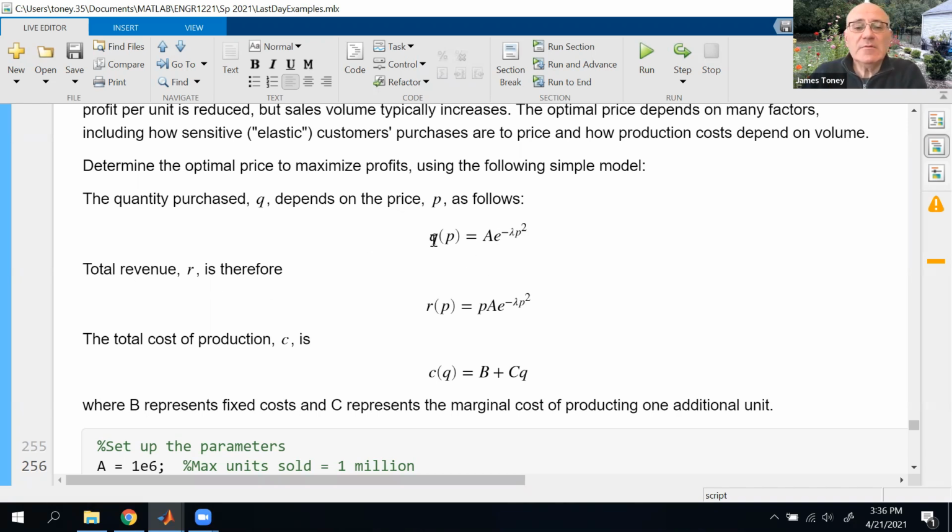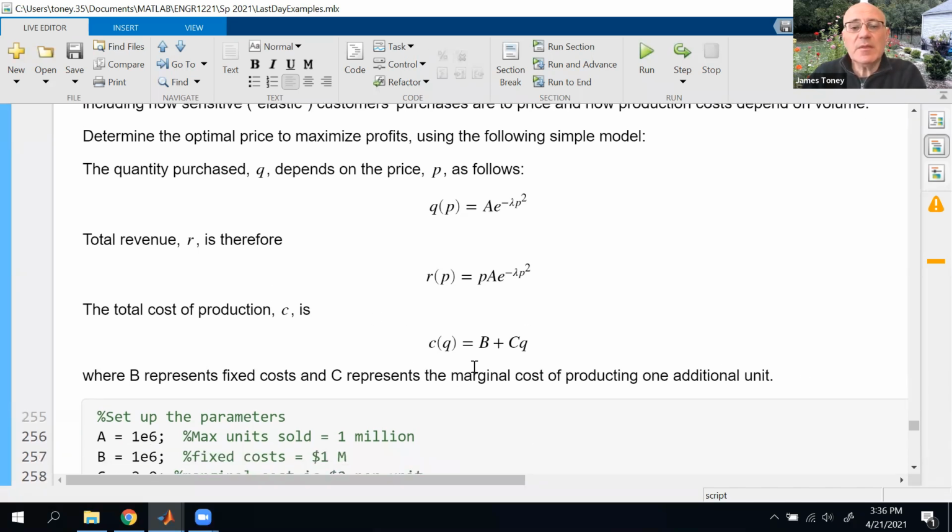So if that's the quantity purchased, well, then what's the total revenue? Well, it's just the price times the quantity purchased. So P times Q of P. And what's the cost of production? Well, we have to think about that too. Production costs will have two components. There will be some fixed costs, like the rent on your factory, management salaries, things like that.